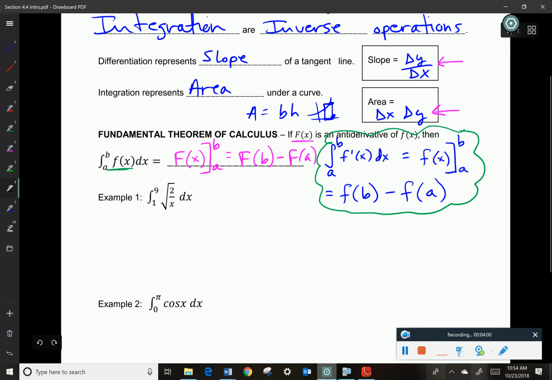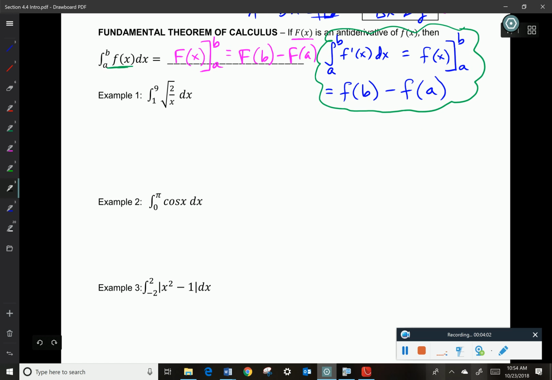Okay, so how does that work as far as doing the math? Well, straightforward. Forget the 1 and the 9. Can we integrate this? I'll do it without using substitution. I'm going to think of this as the square root of 2, and if it's over the square root of x, wouldn't that be the same as multiplying by x to the negative 1/2?